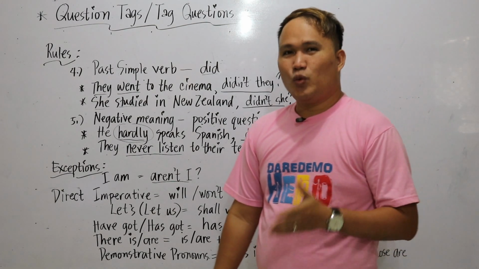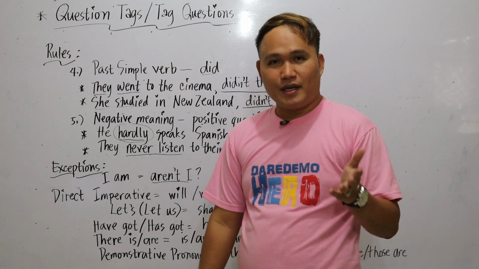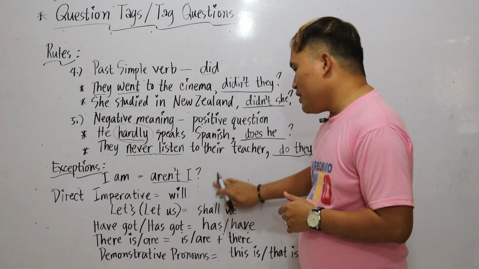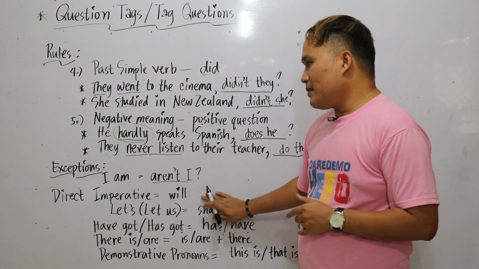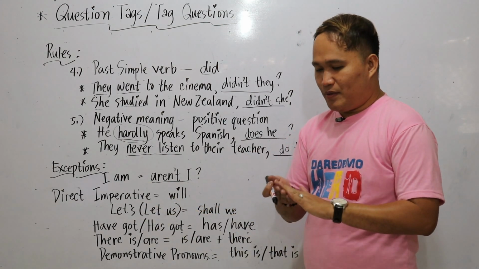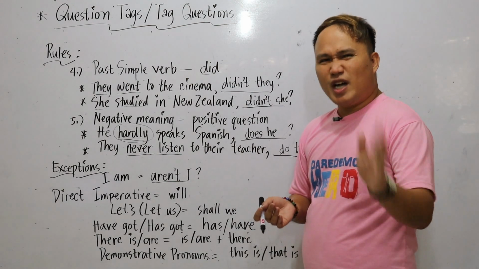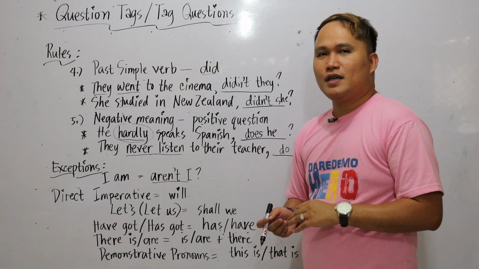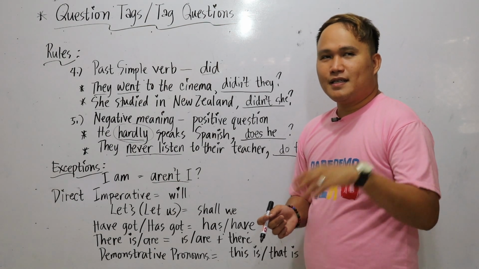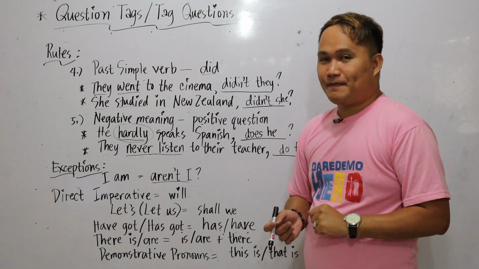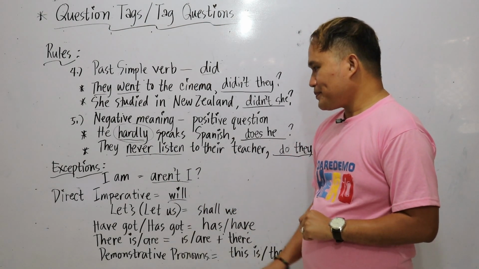Shut up, will you? By the way, the negative form of the tag question, won't, is not applicable for a direct imperative. It should always be in positive form. So, shut up, will you? Keep quiet, will you? Get me some food, will you? So always use will.